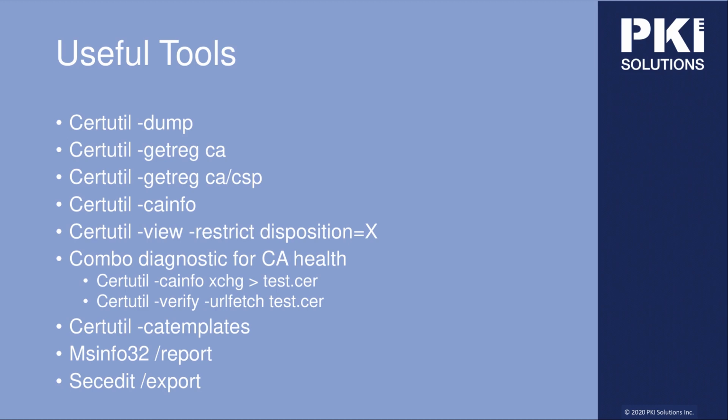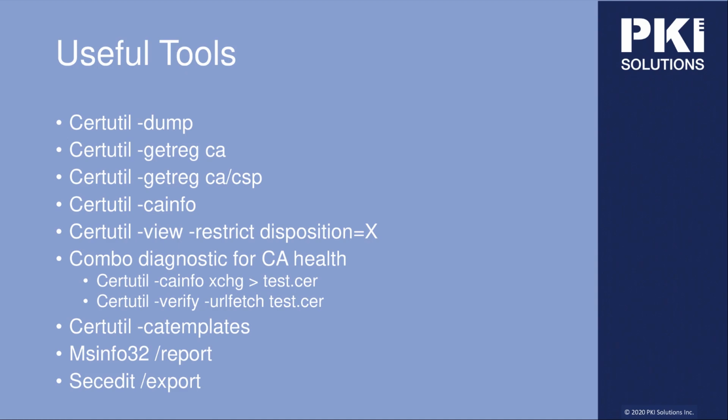Certutil, obviously, you can see is a great way of getting this. Certutil is going to get a lot of information for you. Things like Certutil -getreg CA is going to dump all of the CA configuration details. So whether it's where the database is located, how the CA is configured, what type of CA it is, and so forth, you'll be able to get all that information.